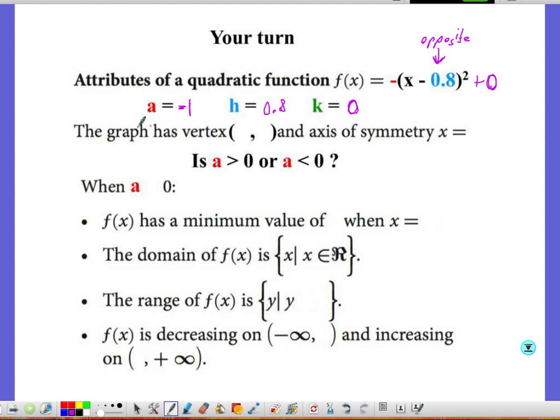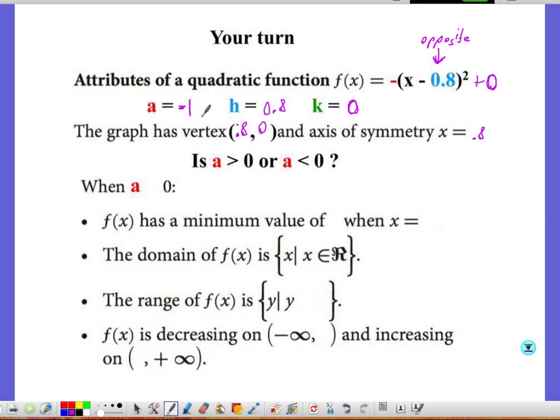So remember, the graph has the vertex h, k. In this case, h is 0.8 and k is 0. So there's my vertex. And it has the axis of symmetry x equals h, which is 0.8. Now here's the important question. Is a greater than 0 or less than 0?